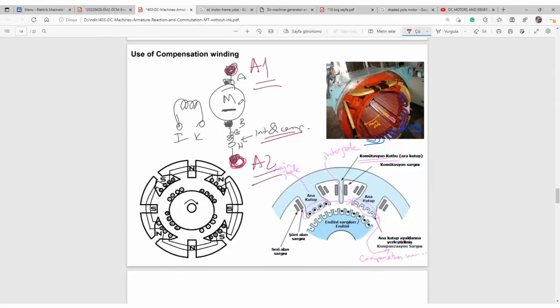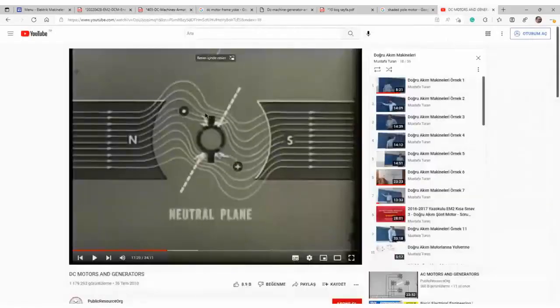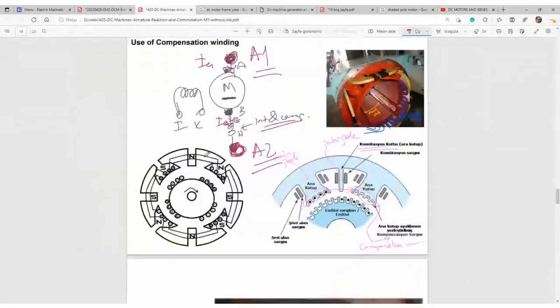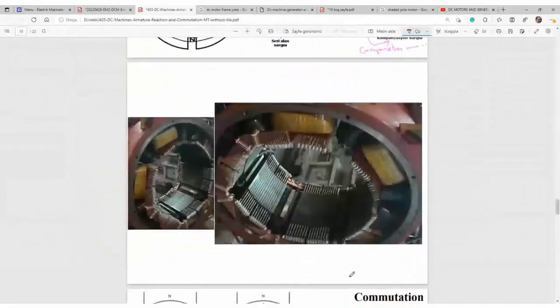So as you see, the armature current adaptively corrects the adverse effects of armature reaction. It moves the brushes to the original position. It moves the magnetic field lines to the original position. So the armature reaction effects will be removed.